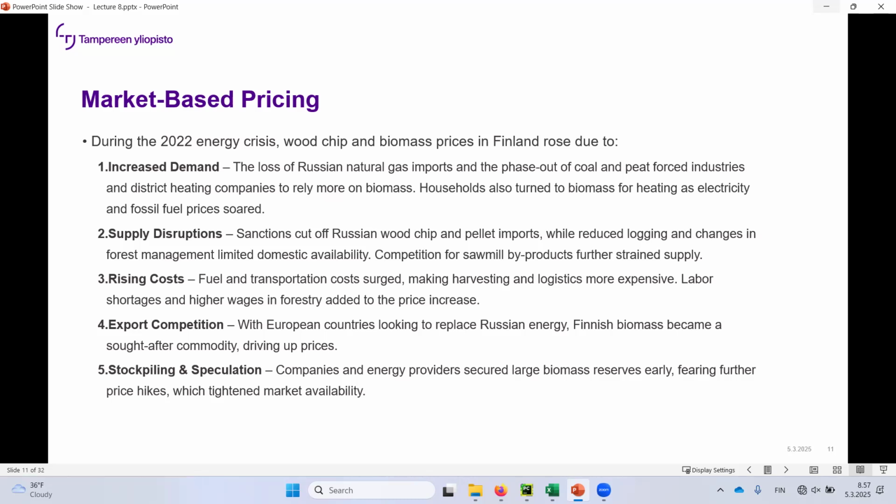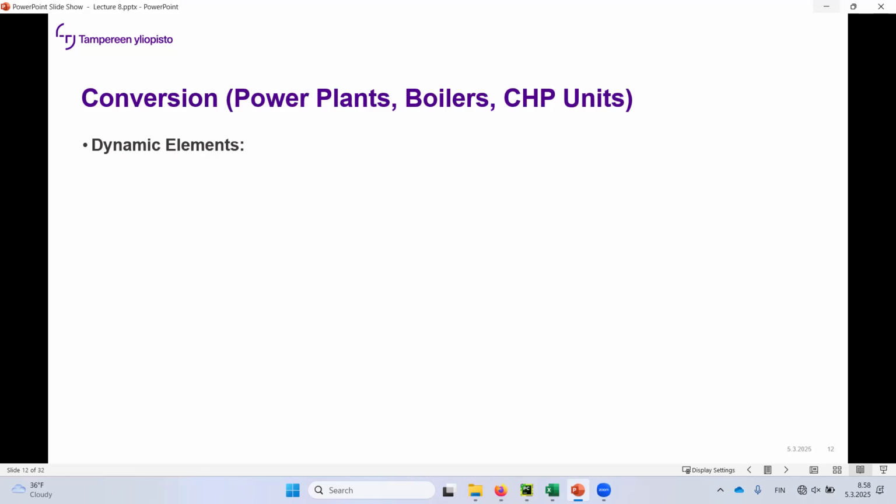But that's what happened, and now we are dealing with really high biomass prices. So wood chips are costing like 40 euros per megawatt hour nowadays, and it's crazy expensive.